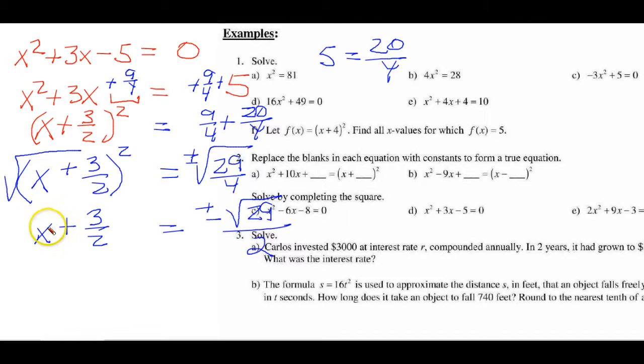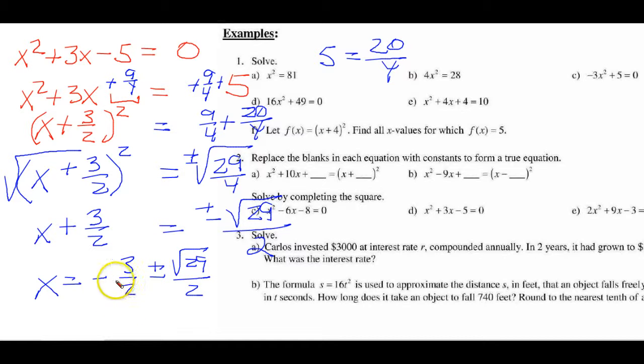And now how do we solve for x? Well, we just take our 3 halves, bring it to the other side as a negative 3 halves, plus or minus root 29 over 2. Now in MathLab, as you put these in, that's the tedious part. You have to put them in one at a time.